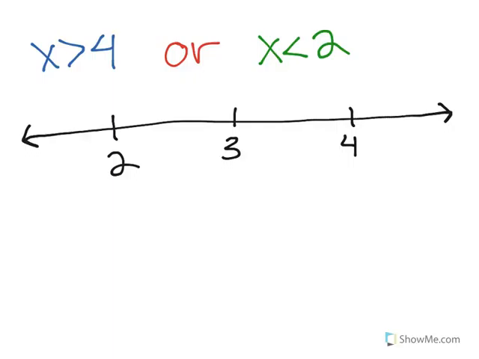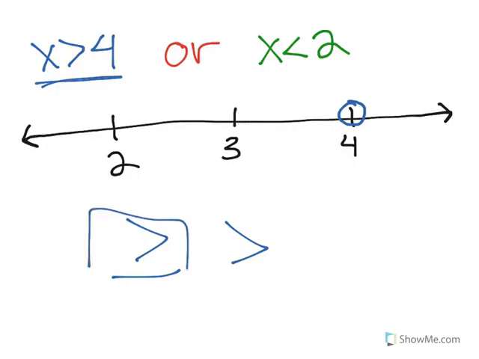One way that we can represent this compound inequality is on a number line. If we look at this first one, x is greater than 4. We're going to go to 4, and because this is not greater than or equal to, it's just a normal greater than, we're going to have an open circle over 4.